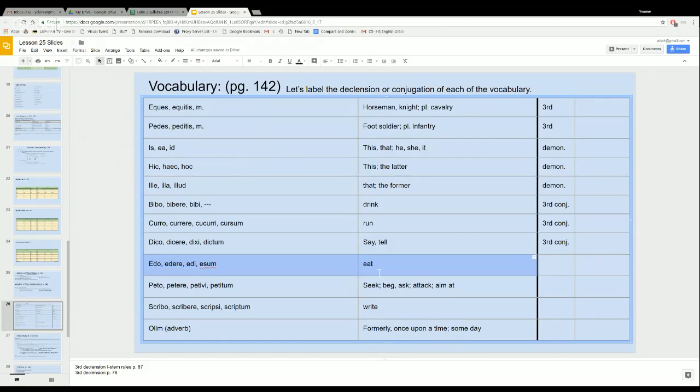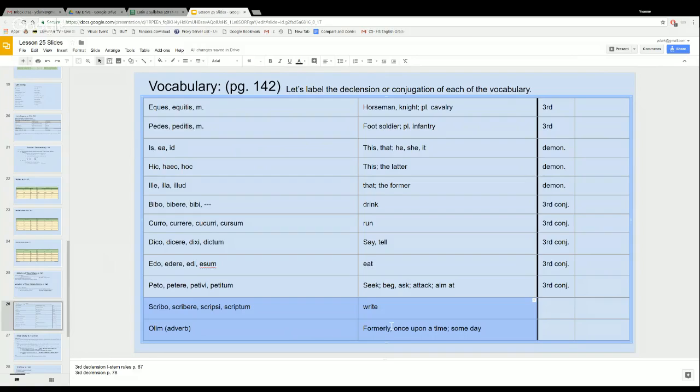And Alexis, these next two? Edo, edere, edi, esum: to eat. Peto, petere, petivi, petitum: seek, beg, ask, attack. Okay, good. And what conjugation are both of these? Third, they're both third. That's right. That's short e-r-e. And Ella, these last two, please. Scribo.